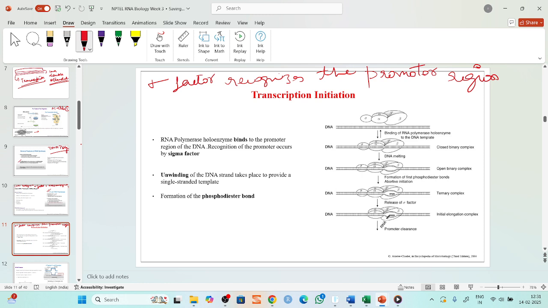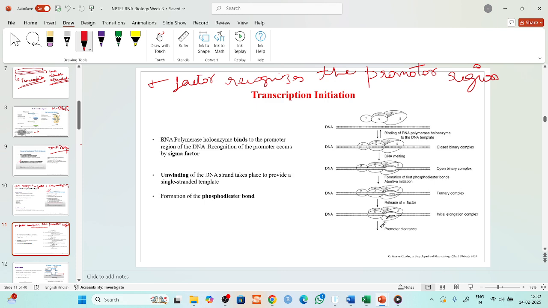So unwinding of the DNA strand takes place to provide a single strand template. Then what happens? Binding of RNA polymerase holoenzyme to the DNA template.